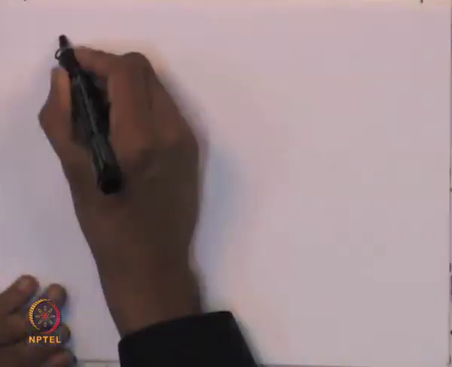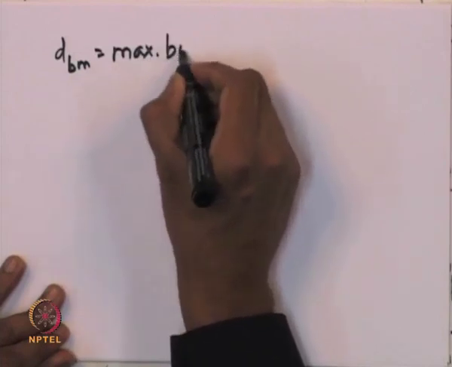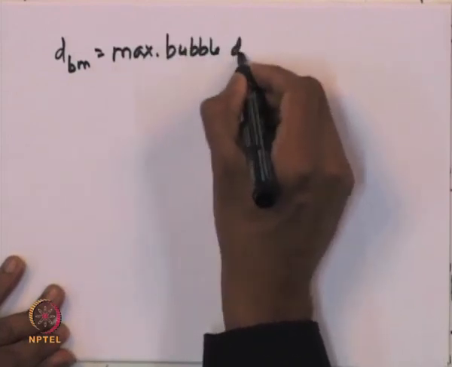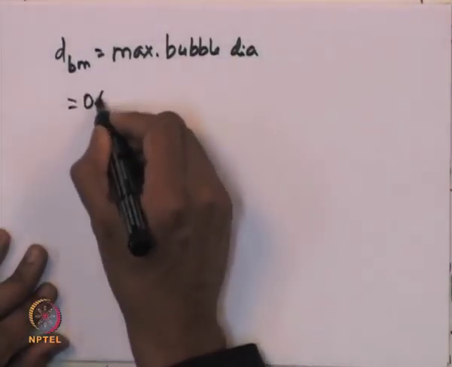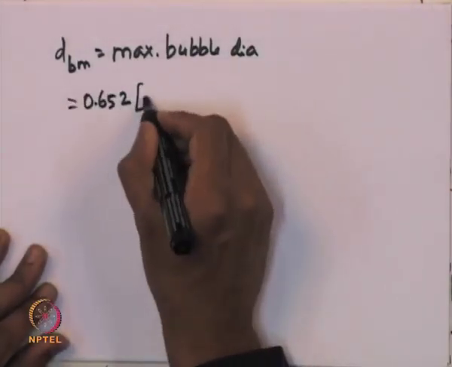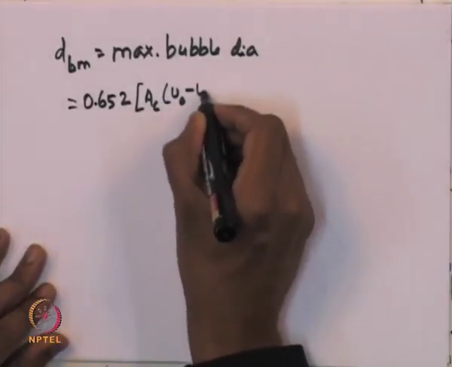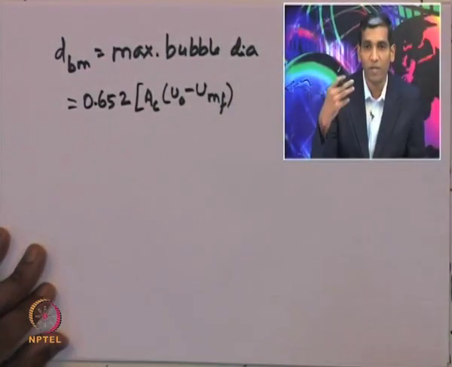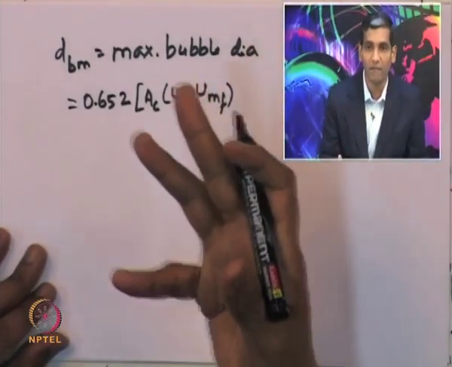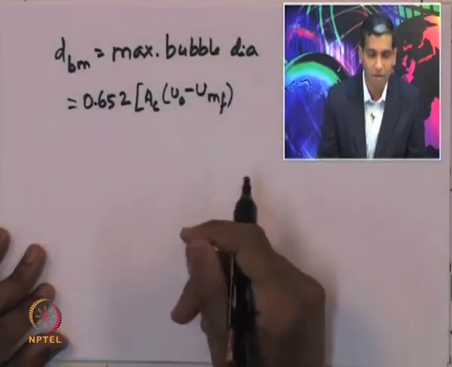The maximum bubble diameter dBm is given by the correlation 0.652 [Ac (u0 − UMF)]^0.4, where Ac is the area of cross section of the bed, u0 is the superficial velocity with which the gas stream is let into the fluidized bed reactor, and UMF is the minimum fluidization velocity.